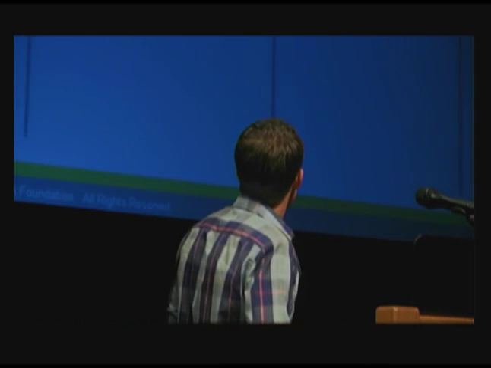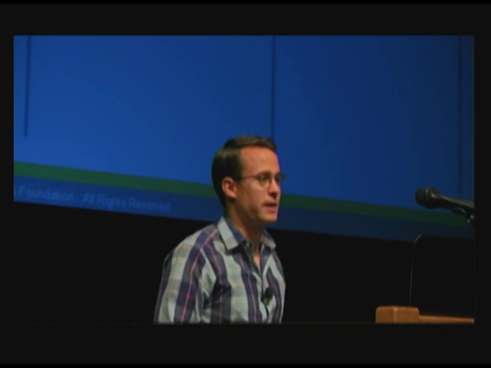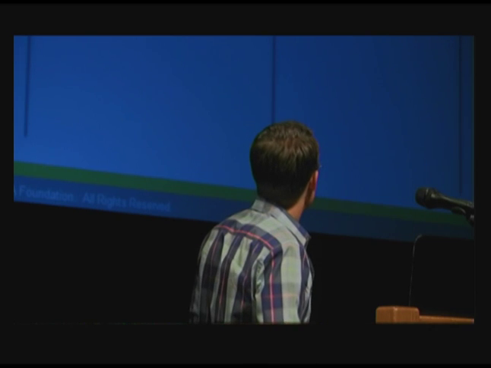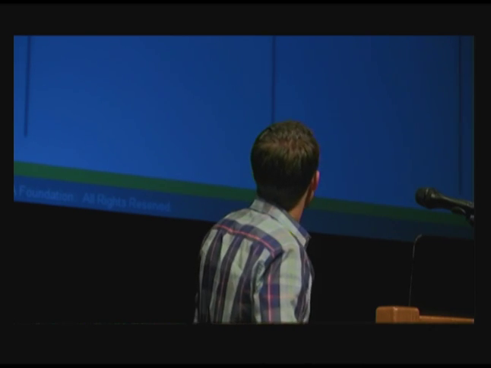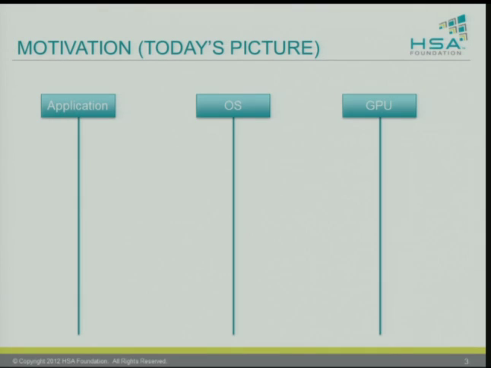Okay, so let's look at today's picture for how this happens. We'll use the simple example of a GPU and an application running on the CPU, and then your operating system sitting in the middle. So today, how do we send some work from the CPU to the GPU? Well, first the application generates some data, and then it tells the operating system, hey, I generated some data.